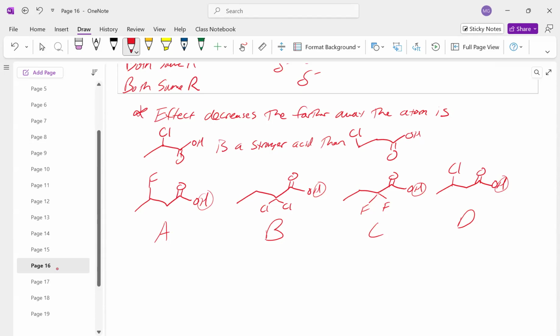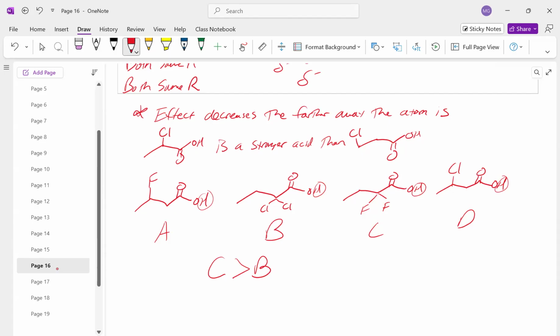Which atom's more electronegative? Well, fluorine's the most electronegative atom on the periodic table. So the inductive effect is going to be greater for fluorine than it is for chlorine. So C is going to be the most acidic, and then close behind that will be B.